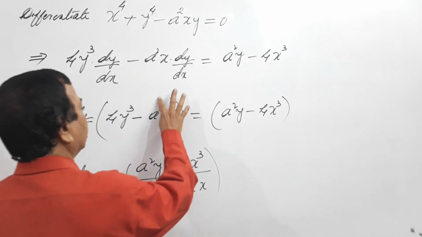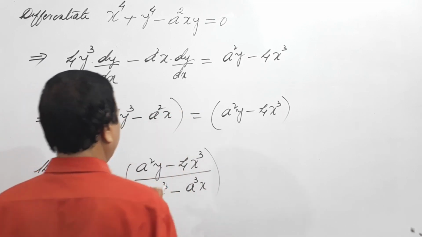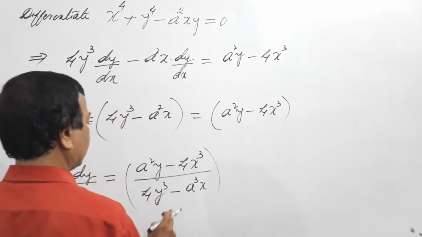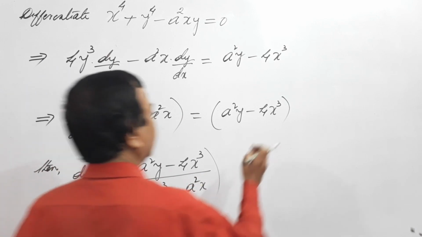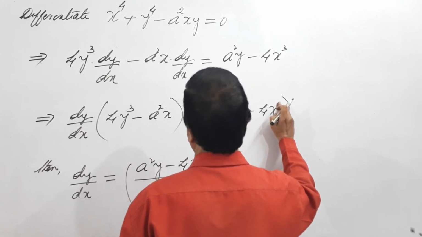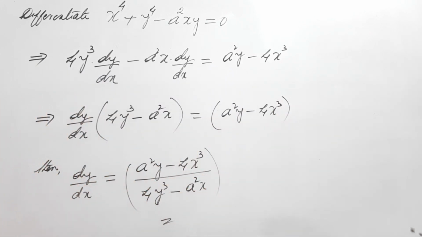Please change this. This is a square, a square x, and this also a square, and this also becomes cube.